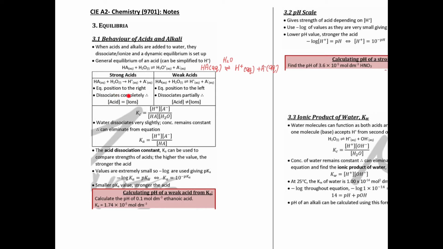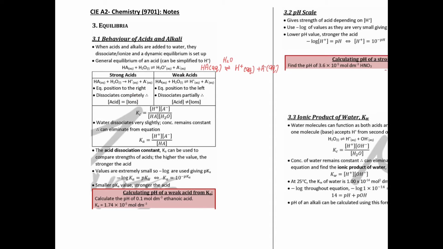Then this statement is not true already. This statement is not true for dibasic acid. So be careful with this statement. This statement is just for monobasic acid like HCl or like nitric acid, HNO3. Okay, so let's see weak acid.